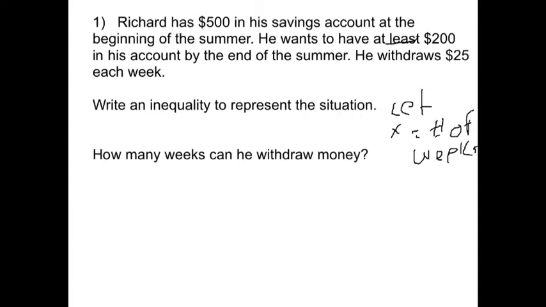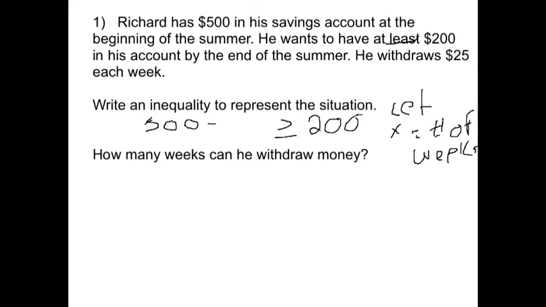So Richard starts with $500. So in his savings account at the very beginning, he has $500. And he wants to have at least $200 in his savings account. So we know that based on the slide before this, at least means he has greater than or equal to $200. So the least amount of money that he can have in that account is $200. But he can have more than $200 and be completely fine.